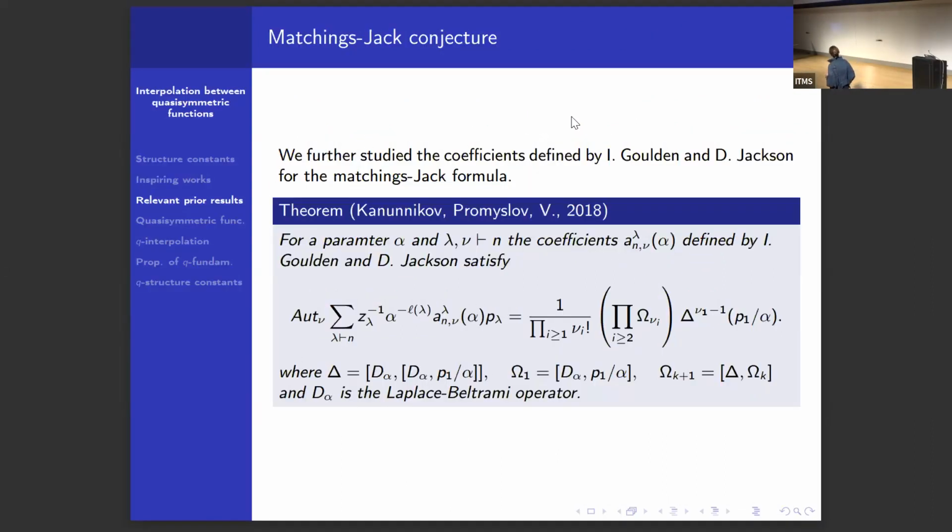And finally, in the joint work with Kanunnikov and Promyslov, we get some significant progress on the matching Jack conjecture on the deformed structure constants in the case when at least one of the indices is a single-part partition, a long cycle n.